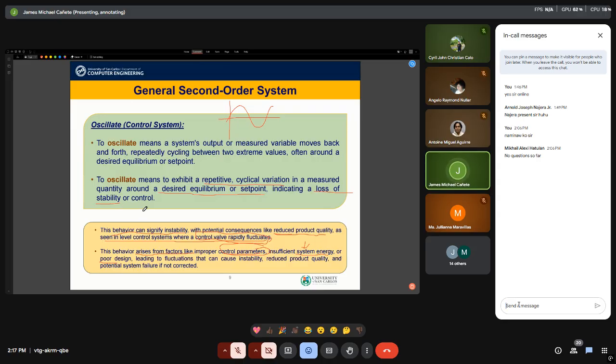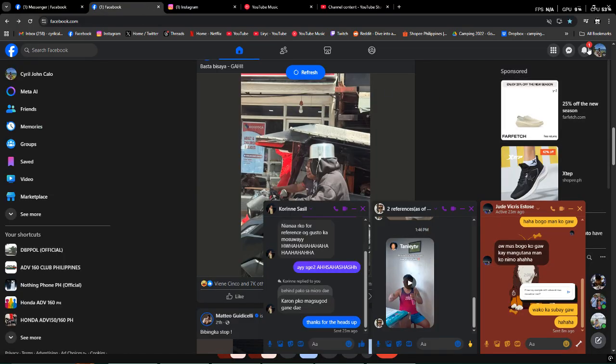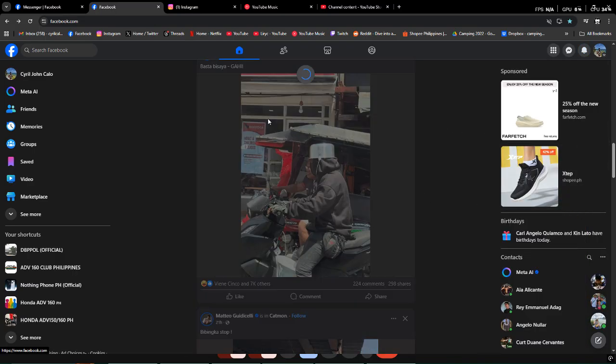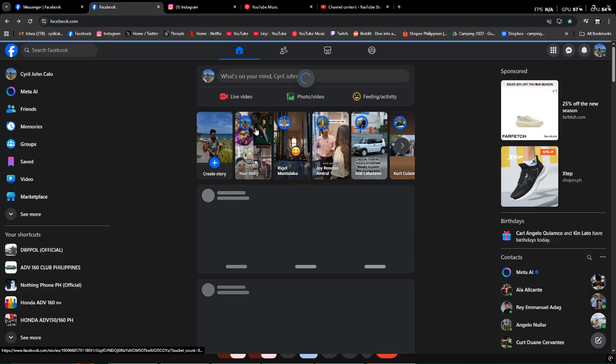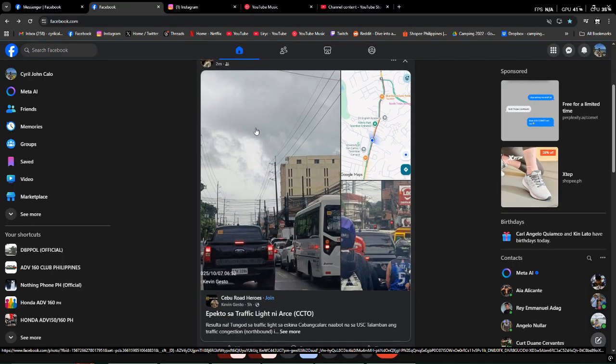So if you think about liquids, timpla ka og coke, timpla ka og beer, kanang lang gyud nimo i-mix ang liquids together. So you need to control them, because at scale man, you need control systems. If your control system for the water level or liquid level of a certain tank is oscillating, pasabot ana, your valve will turn on and off.